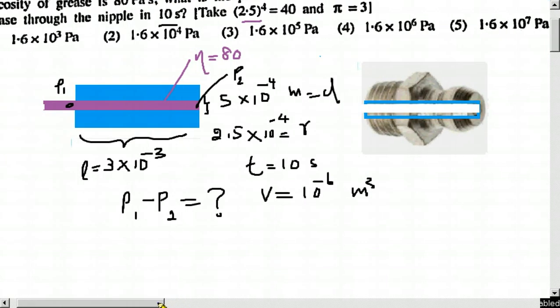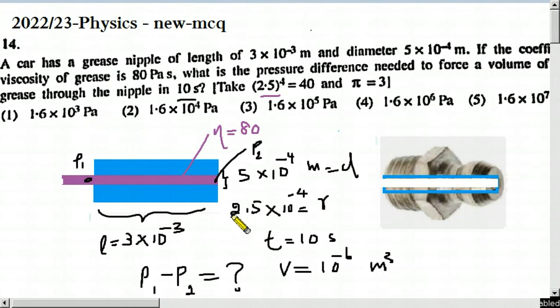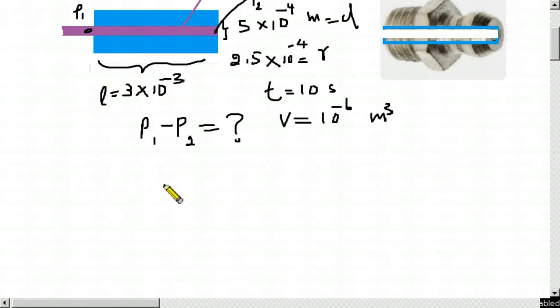So what is the equation? You can guess the equation because they have given something like 2.5 power 4. Power 4 means there must be an equation that has some variable having power 4.